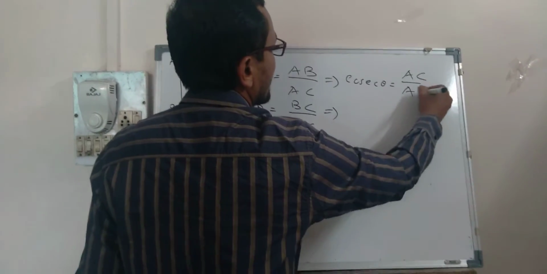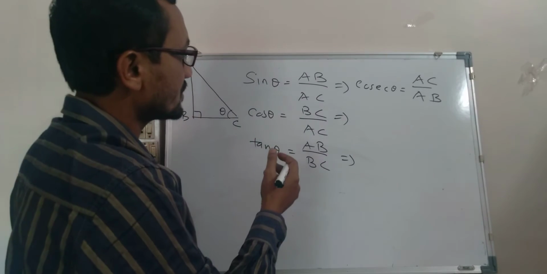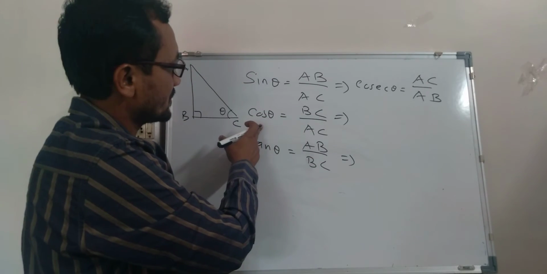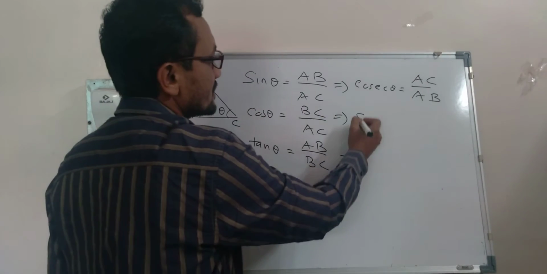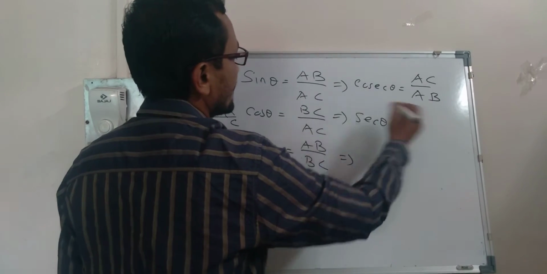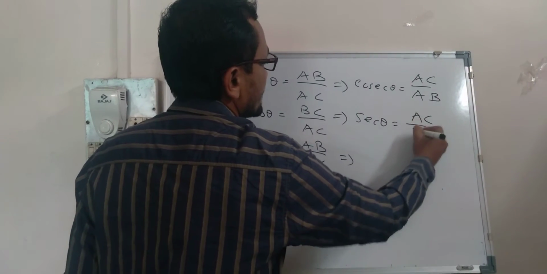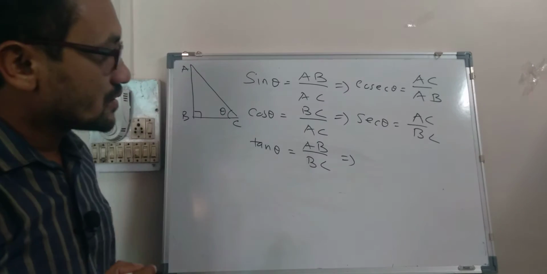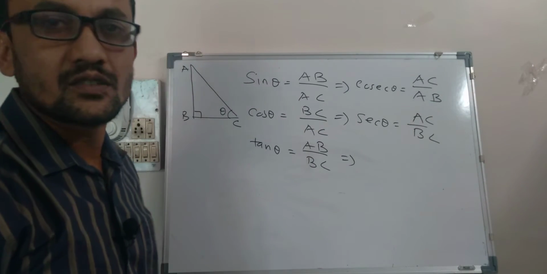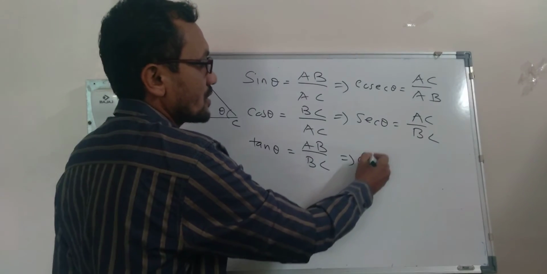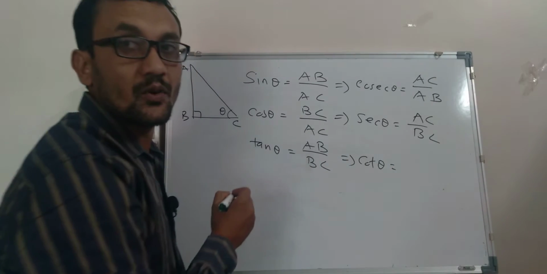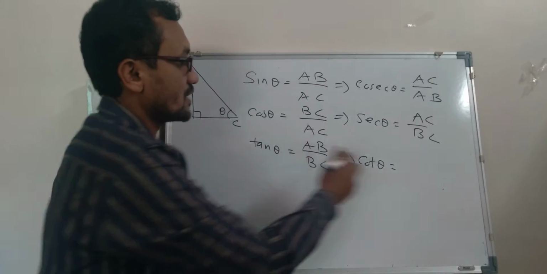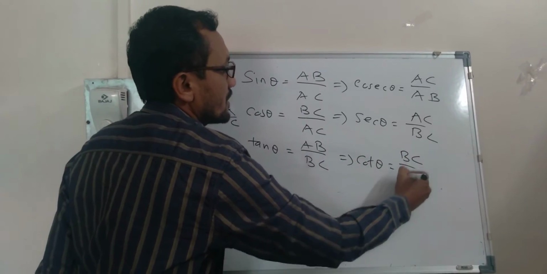Using cos theta we find sec theta, which is AC upon BC. The reciprocal of tan theta is cot theta, which is BC upon AB.